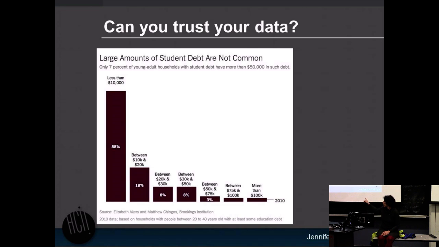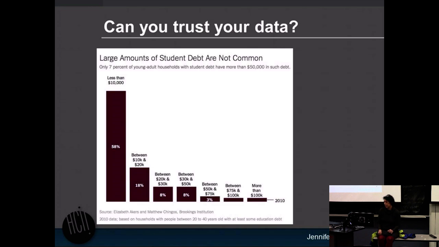Now, you might not be able to see it very clearly, but the actual chart had a subtext that said, based on households with people between 20 and 40 years old with at least some education debt, which is a little bit of a fudge, right? Because these are not households actually with people between 20 and 40.